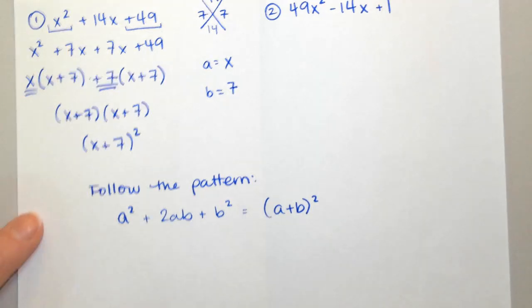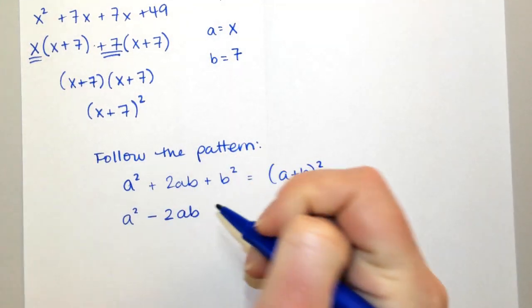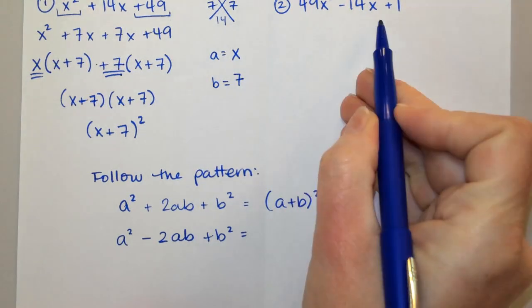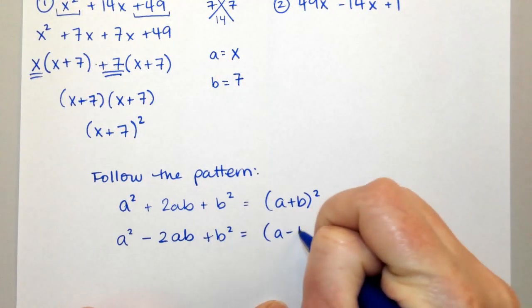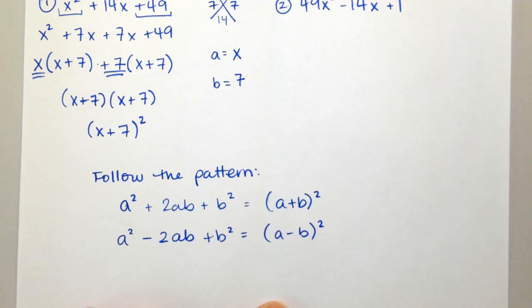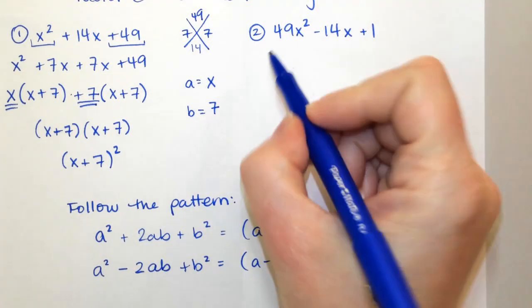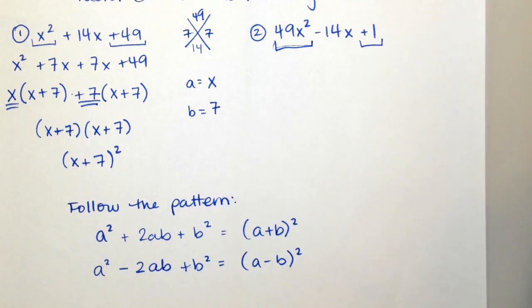All right. It is possible to have a perfect square trinomial that has subtraction in the middle, which is essentially what our second one is. And so they'll follow a similar pattern. It's just that the two terms would be subtracted instead. That's all. So if I look in this one, I'm noticing my first term is a perfect square. My last term is a perfect square, so I just want to check and see if it follows this pattern.